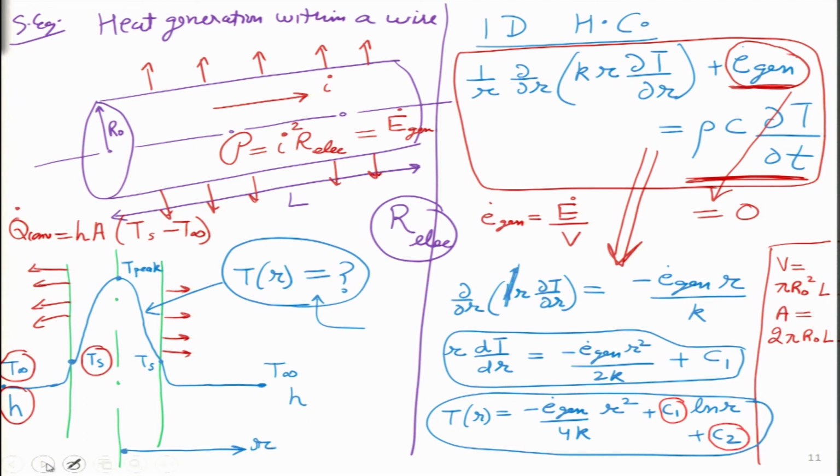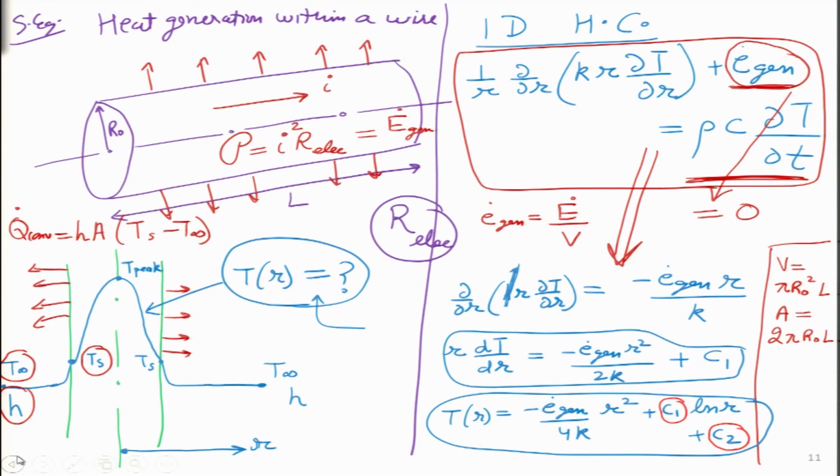I am a little bit short on time, so I will skip one or two steps and just lay out that this C1 has to be equal to 0, and the explanation for that is that otherwise log of r at r equals 0 is not defined. And what is the other boundary condition that we will put over here?